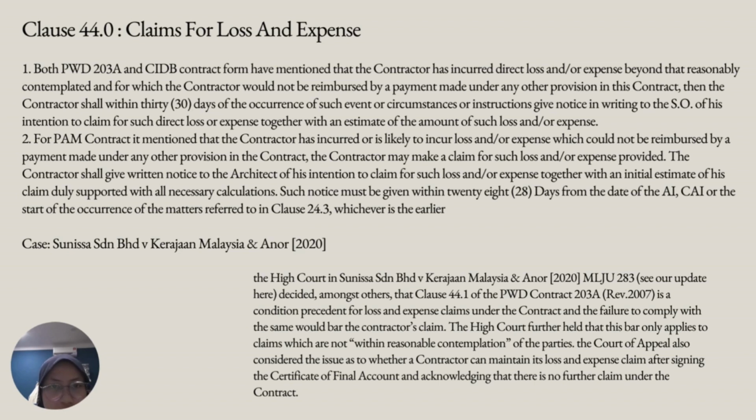Such notice must be given within 28 days from the date of the CAI or of the occurrence of the matter referred to in clause 24.3, whichever is the earlier.